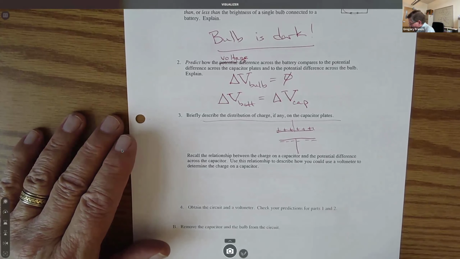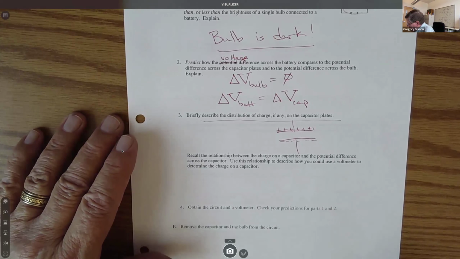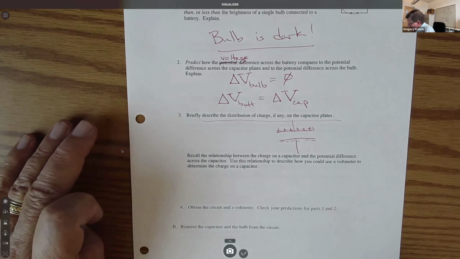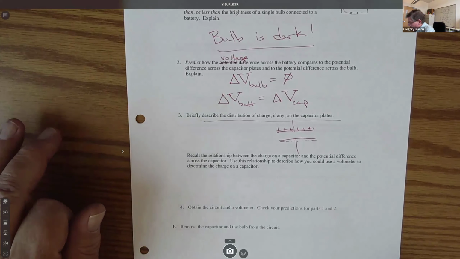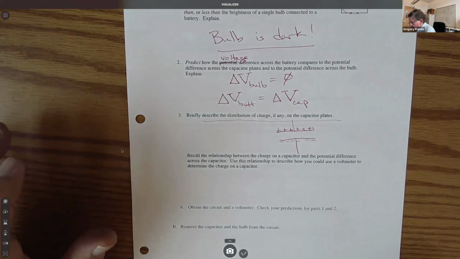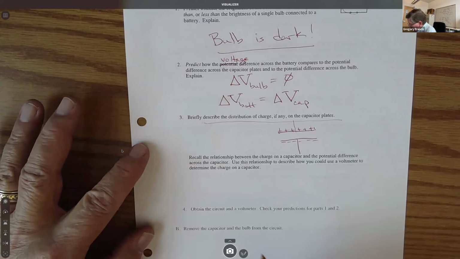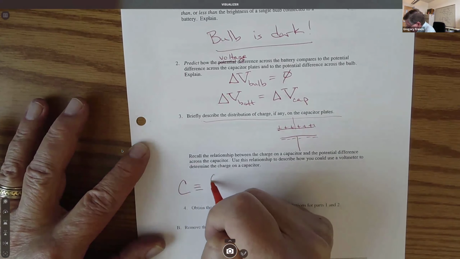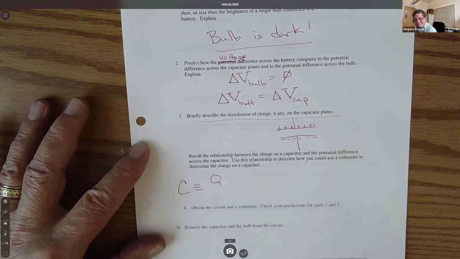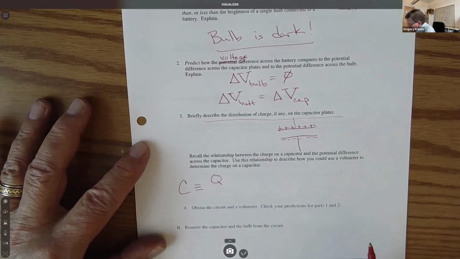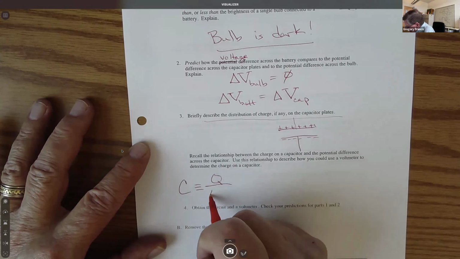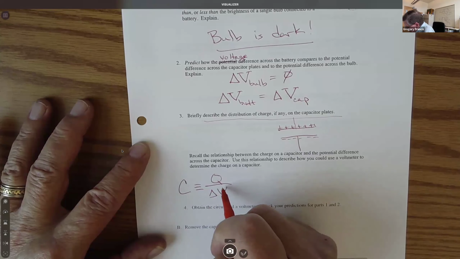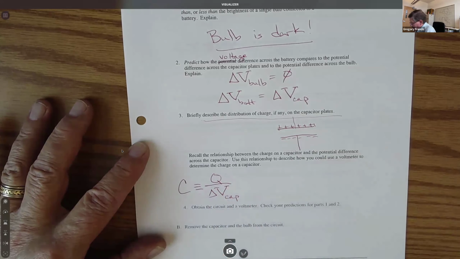Recall the relationship between the charge on a capacitor and the voltage difference across the capacitor. Use this relationship to describe how you could use a voltmeter to find the charge stored on the capacitor. You remember capacitance is defined as the charge stored on one plate, the positive plate, divided by the voltage difference between the terminals on the capacitor.